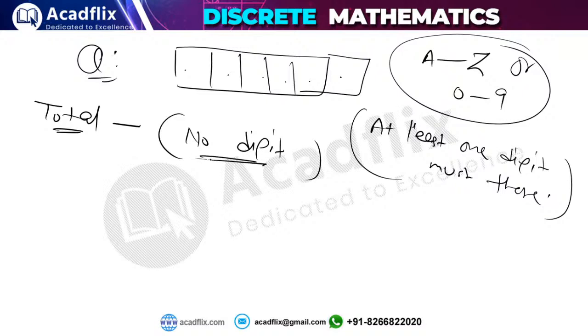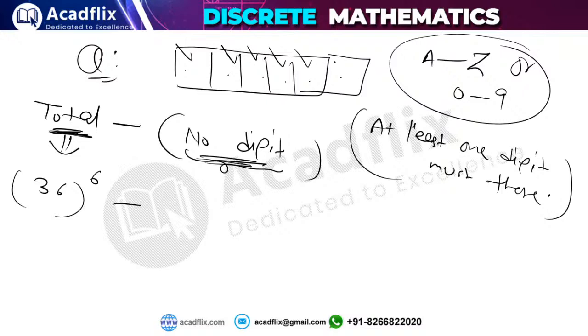These passwords you do not want, because they have no digit, so you subtract them. How many total will there be? 36 power 6, because there are 36 ways for each of the 6 positions.